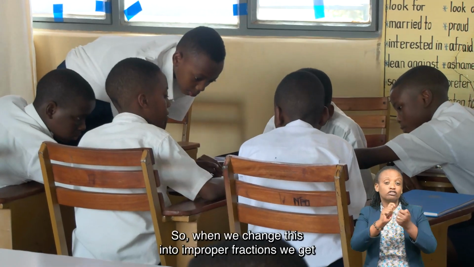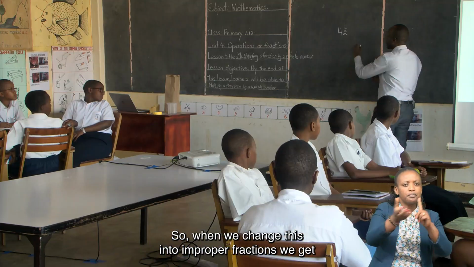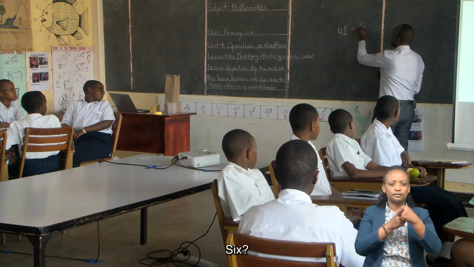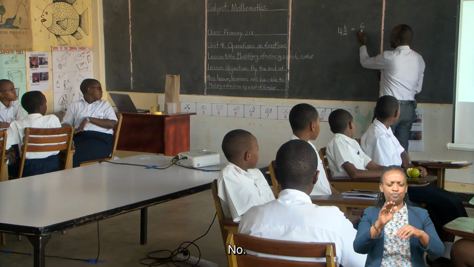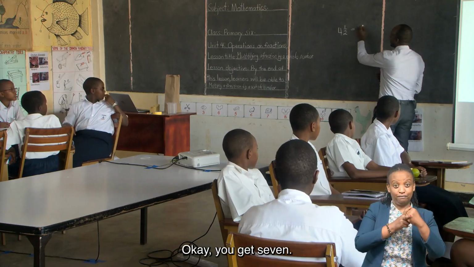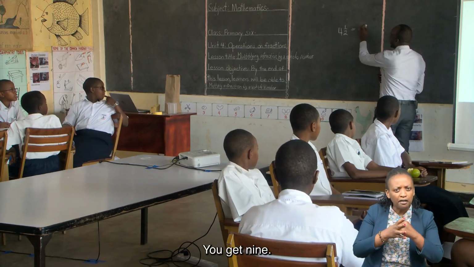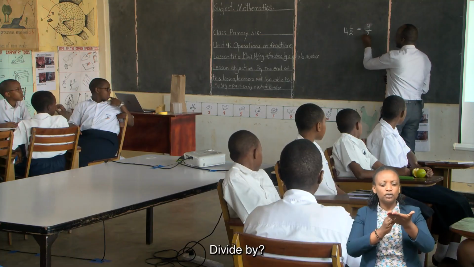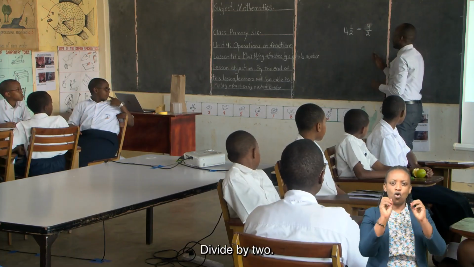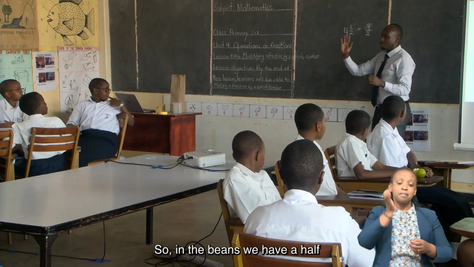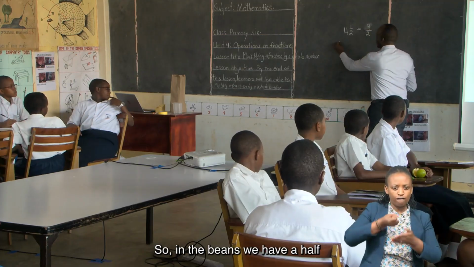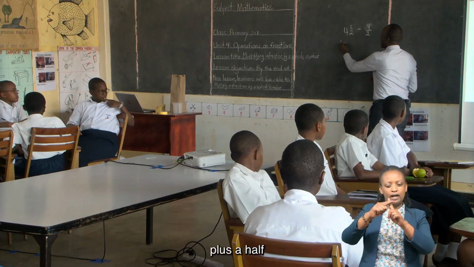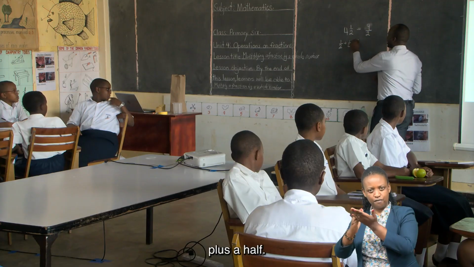So when we change this into an improper fraction, we get 9 divided by 2. So in the beans we have a half plus a half plus a half.